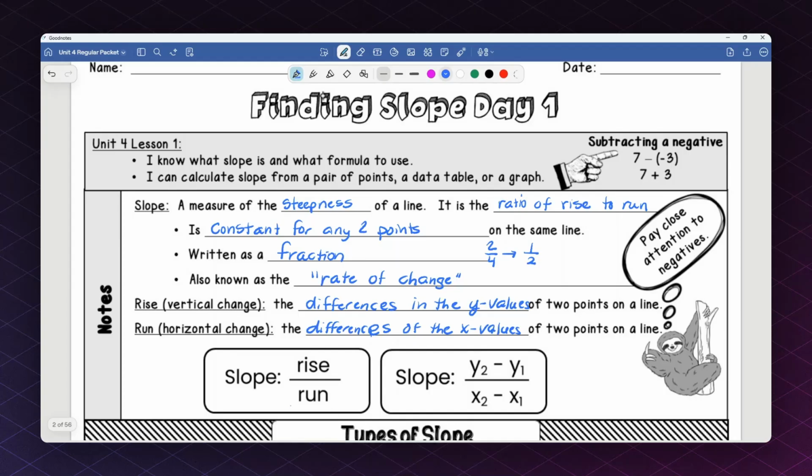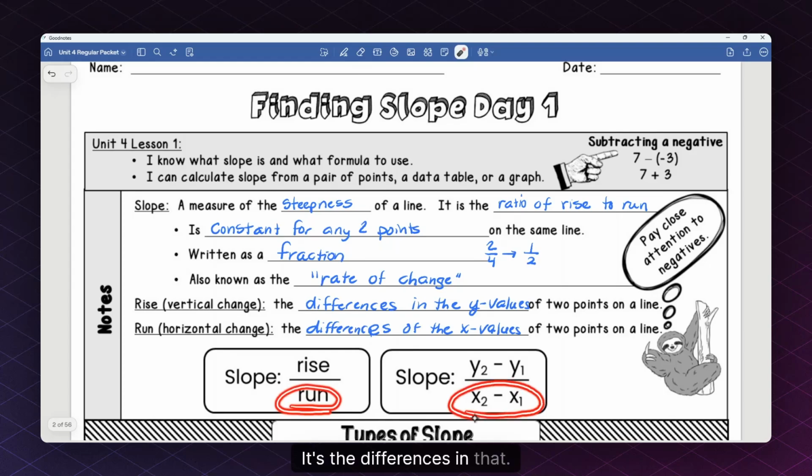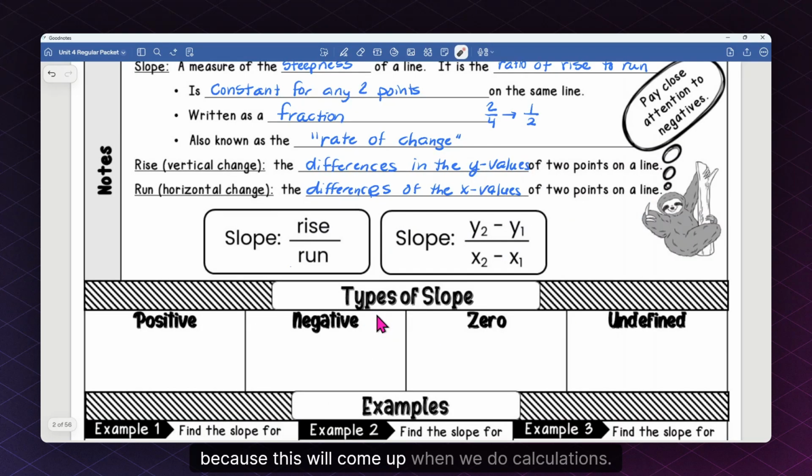You can see that here, the run is the horizontal part. It's the differences in that. So these two equations are equivalent. You use them for different situations. And here again, like my sloth is advising, pay close attention to negatives because this will come up when we do calculations.